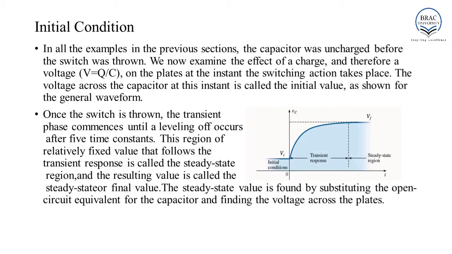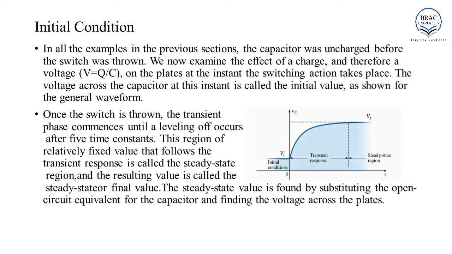However, in the next example, we will see that a charge is already present on the plates of the capacitor at the instant the switching action takes place. That is, the voltage across the capacitor at that instant will not be equal to 0. It will be a finite value. And that voltage is known as the initial value.